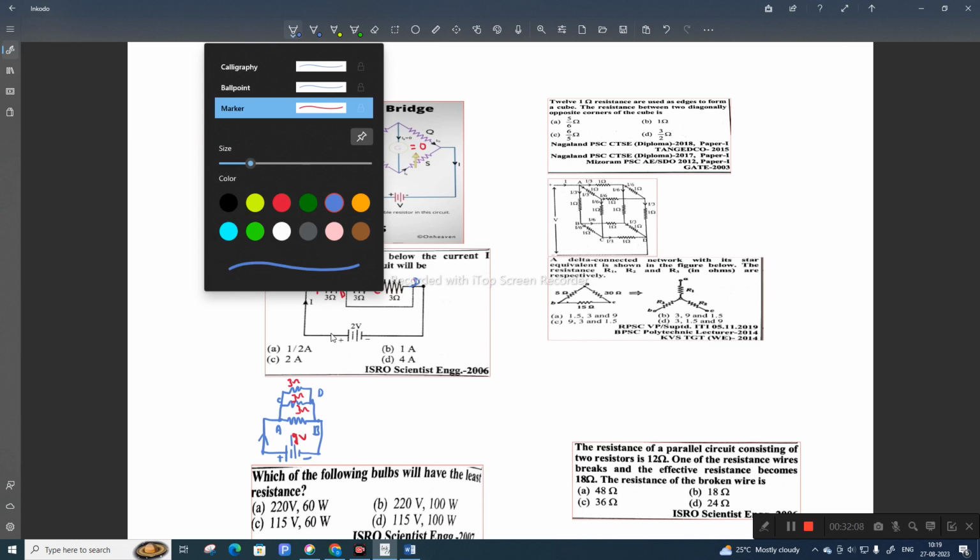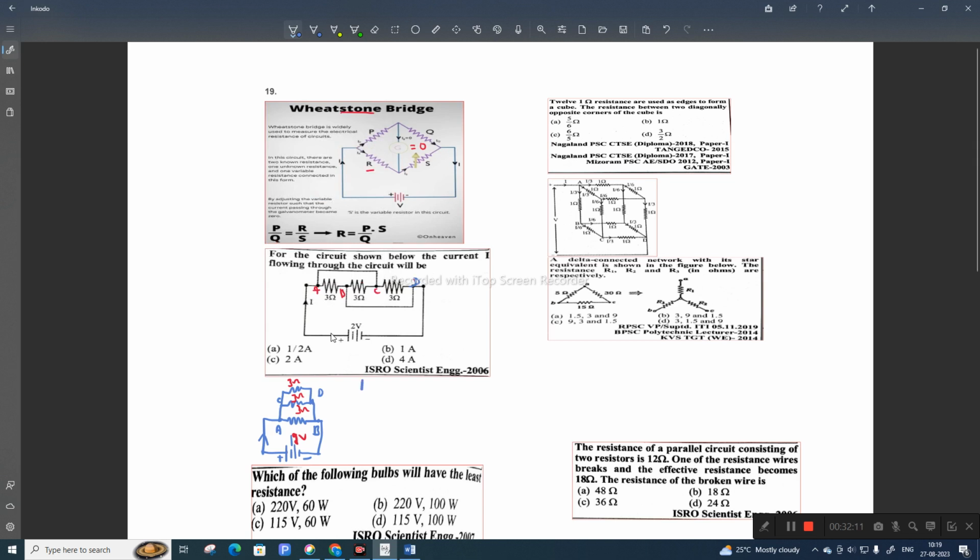Now all three are in parallel. So 1 by RT, this is the parallel formula: 1 over R1 plus 1 over R2 plus 1 over R3. So here 1 over RT is 1 over 3 plus 1 over 3 plus 1 over 3. Here they are asking total current.